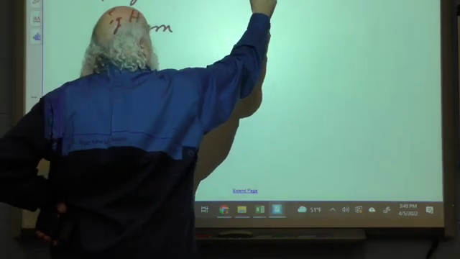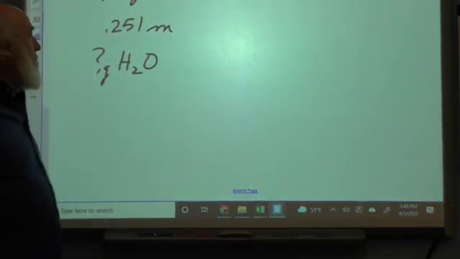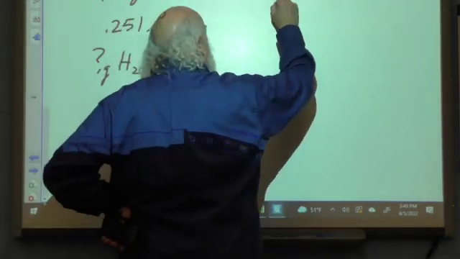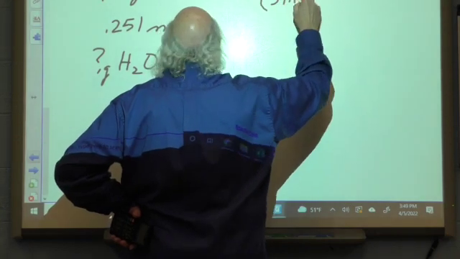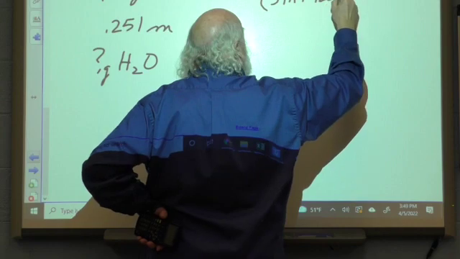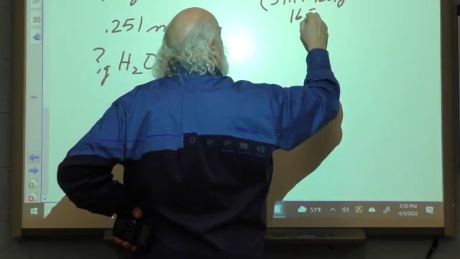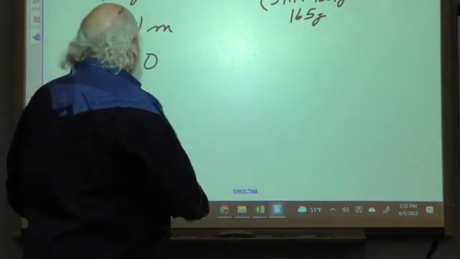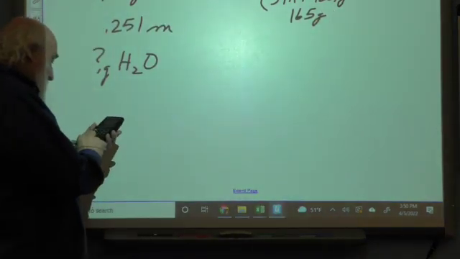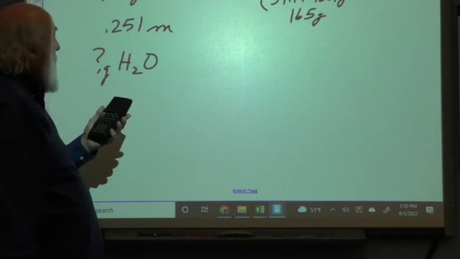So we have to change that to moles. 1 mole on top. And we know that potassium is 39.1 and iodine is 126. So that looks like 165 grams there. So we take 47.7 and divide by 165.